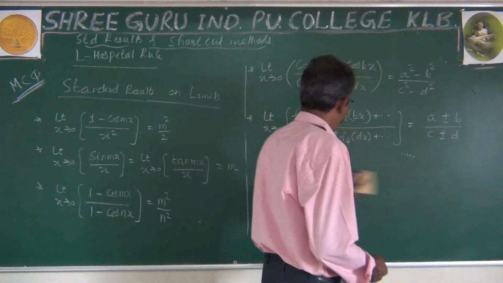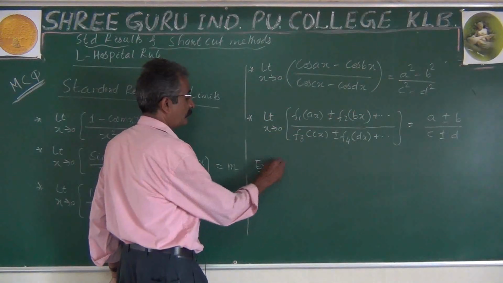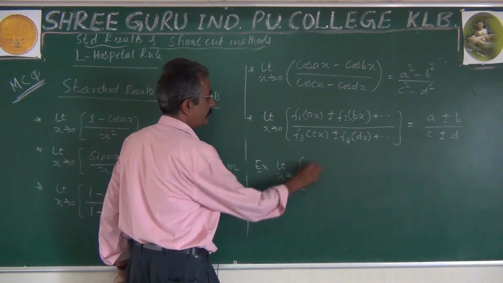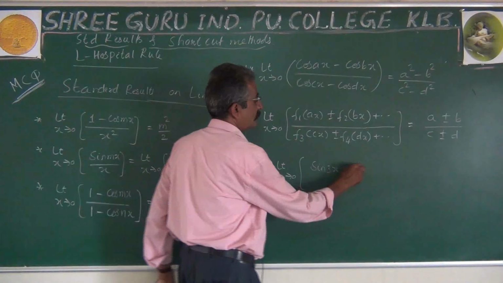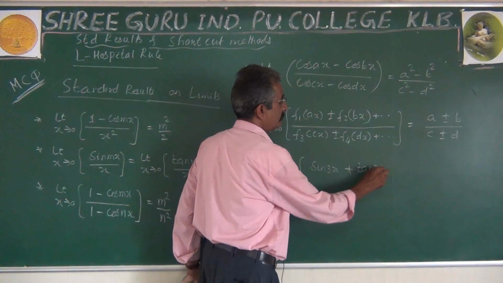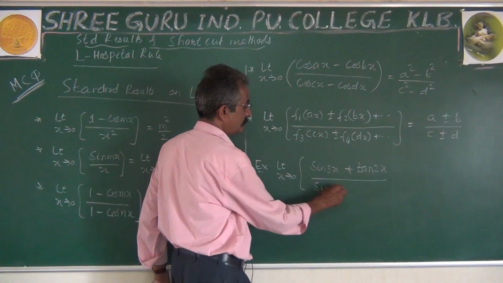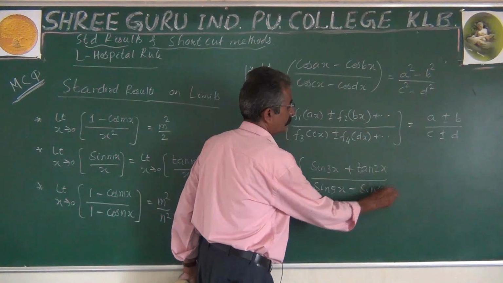And you can observe, for example, suppose you want to find the limit x tending to 0, sine 3x plus tan 2x divided by sine 5x minus sine 4x.